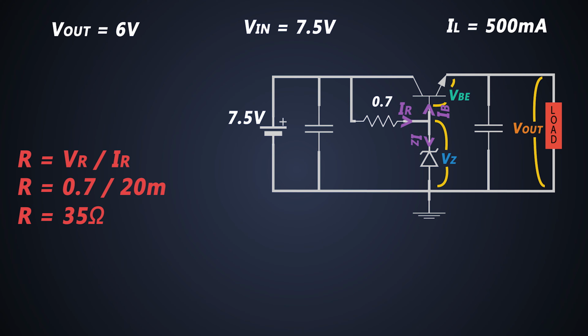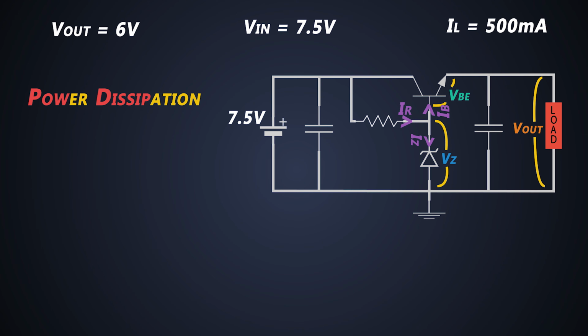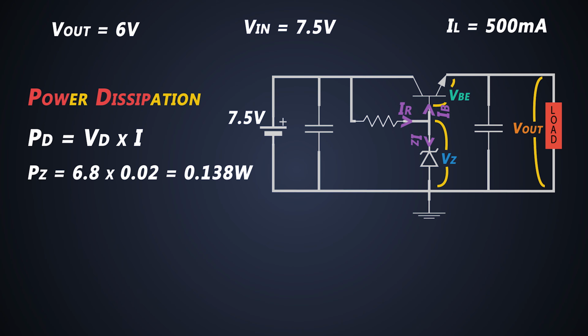Well, we did the calculation of all components. Now this is the time to calculate the power requirements of these components. This is very easy. The power dissipation can be calculated as the voltage drop across that component and the current flowing through it. So the power dissipation across the Zener diode would be around 138 milliwatts.